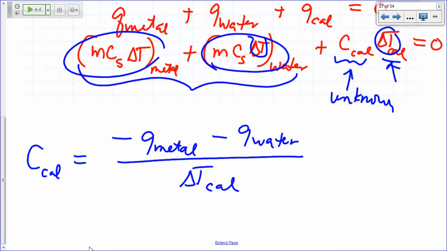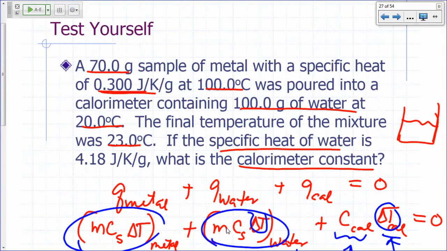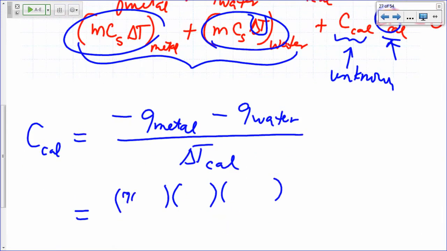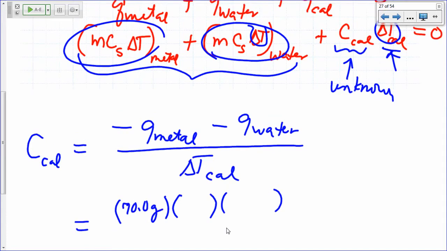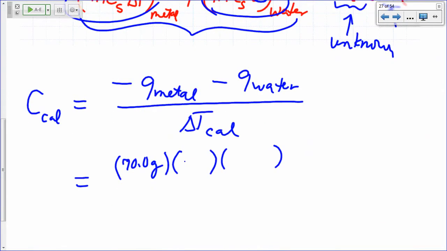So what's our Q metal? Mass of the metal is how much? C of the metal is how much? Delta T for the metal is how much? Mass of the metal is 70.0 grams. What's the specific heat of the metal? 0.300 joules per Kelvin per gram. Let me put those units in.